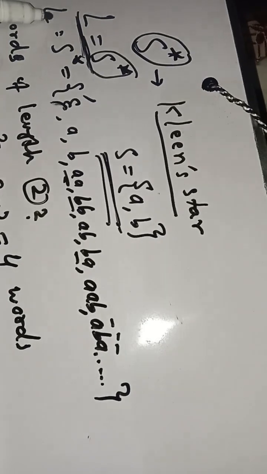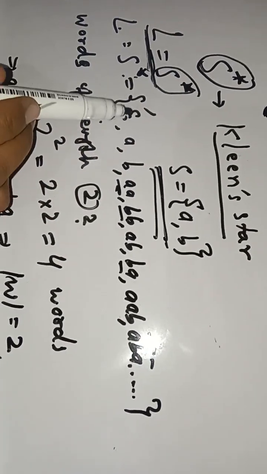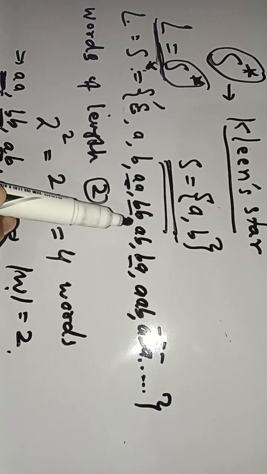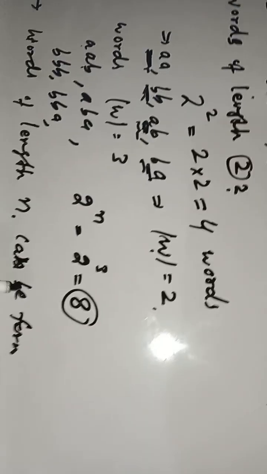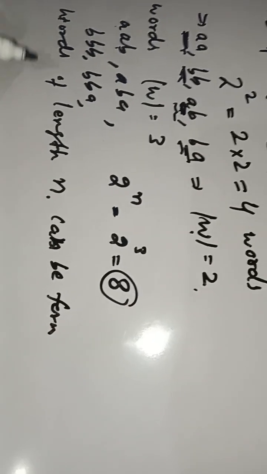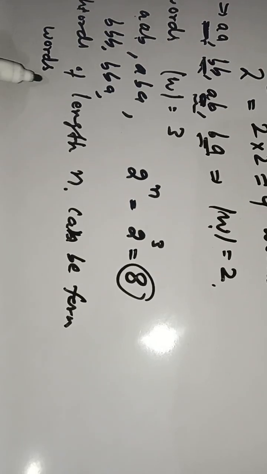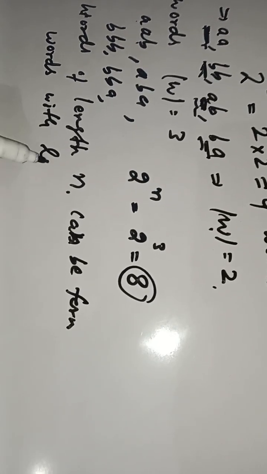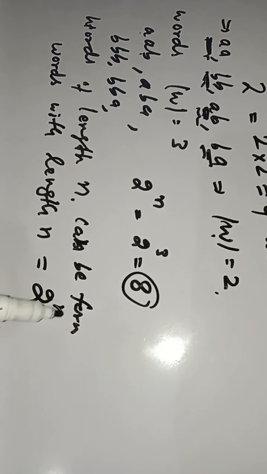The language is L, that is S star, and it contains the empty string, A, B, AA, BB, AB, etc. If we want to construct the words of length n, the number of words with length n is equal to 2 power n.